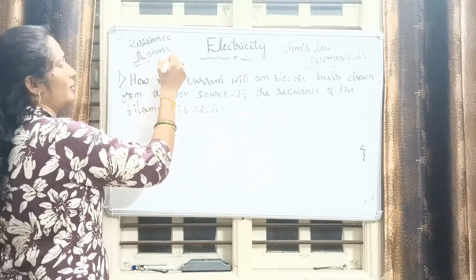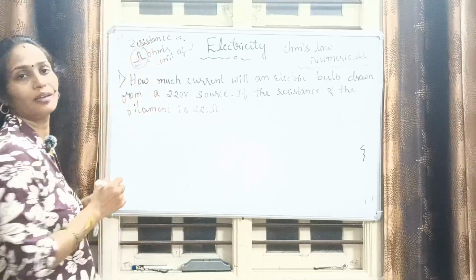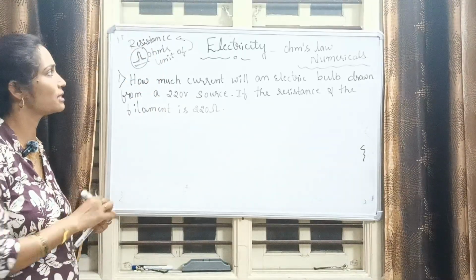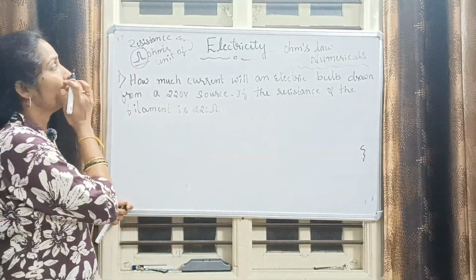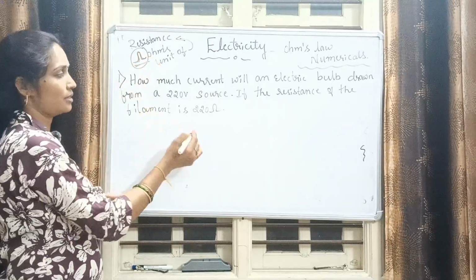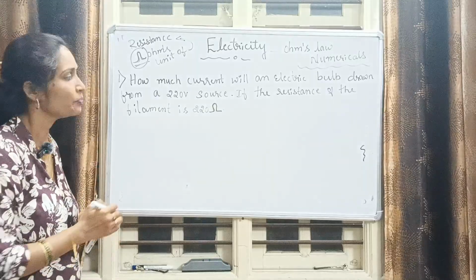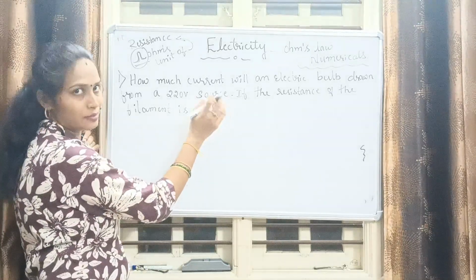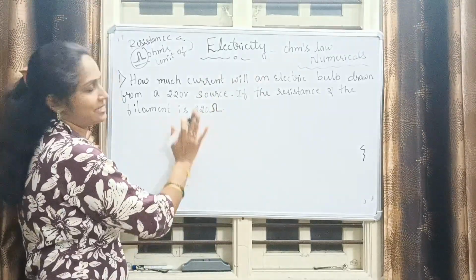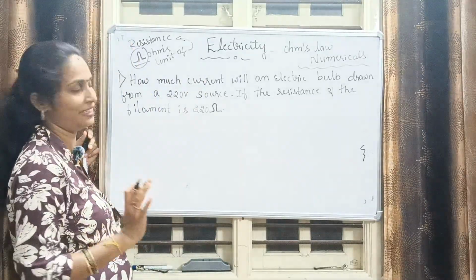The unit of resistance is ohm, and we mention the unit for resistance by this symbol. This is also very important: whenever this symbol comes in a problem, just take it directly as resistance. This is a simple hint.